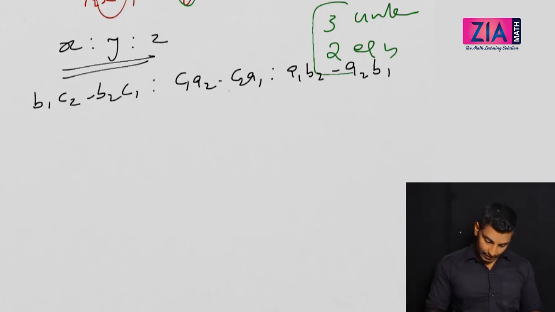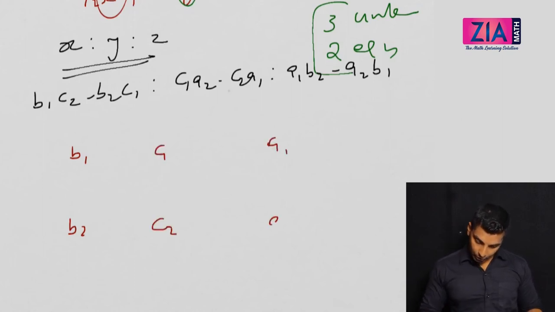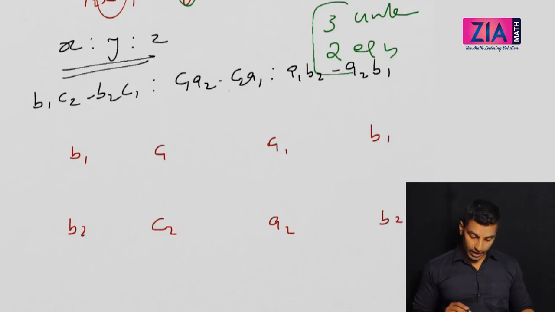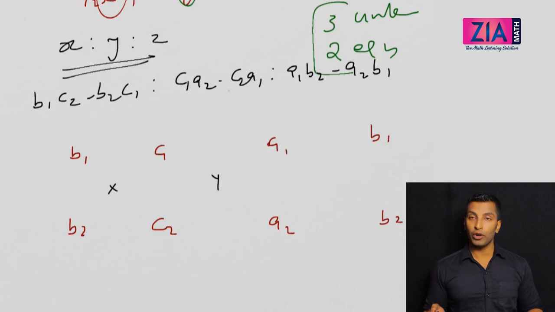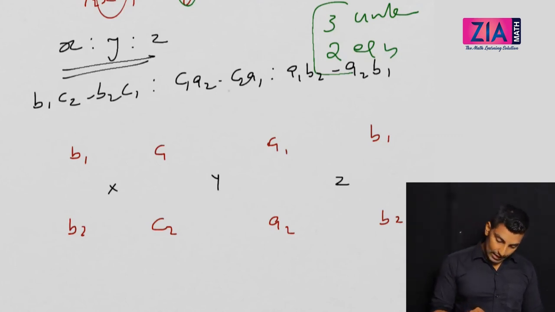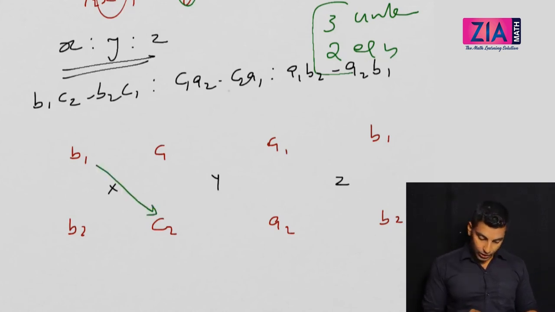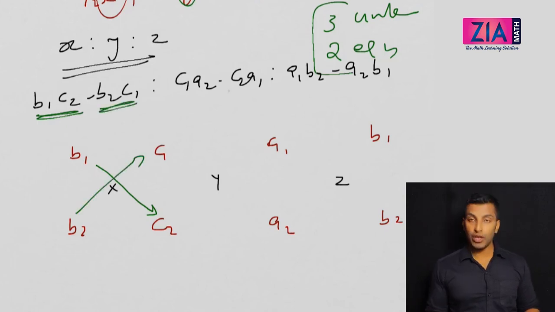You can write like this: b1, b2, and c1, c2, then a1, a2, then b1, b2. This set of 4 is what I'm going to use for x, this set of 4 for y, and this set of 4 for z. Now how to proceed: you start from here, come like this, so you get b1, c2, then go like this, so you get b2, c1, so you got x.